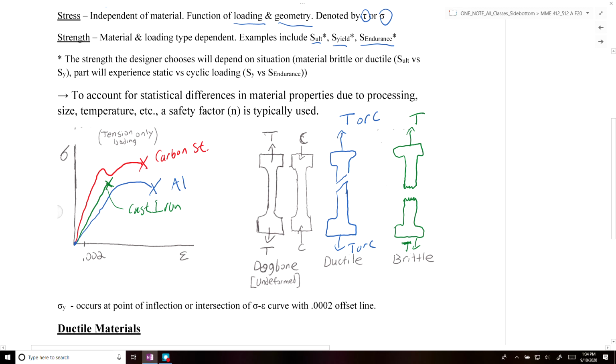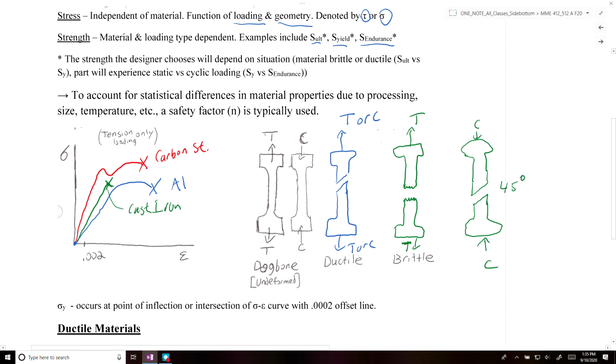In the opposite case, if our dog bone is in compression, so we have a compressive force acting on our dog bone specimen, what we end up getting typically is the dog bone will fail along a 45-degree angle, just like the ductile material.